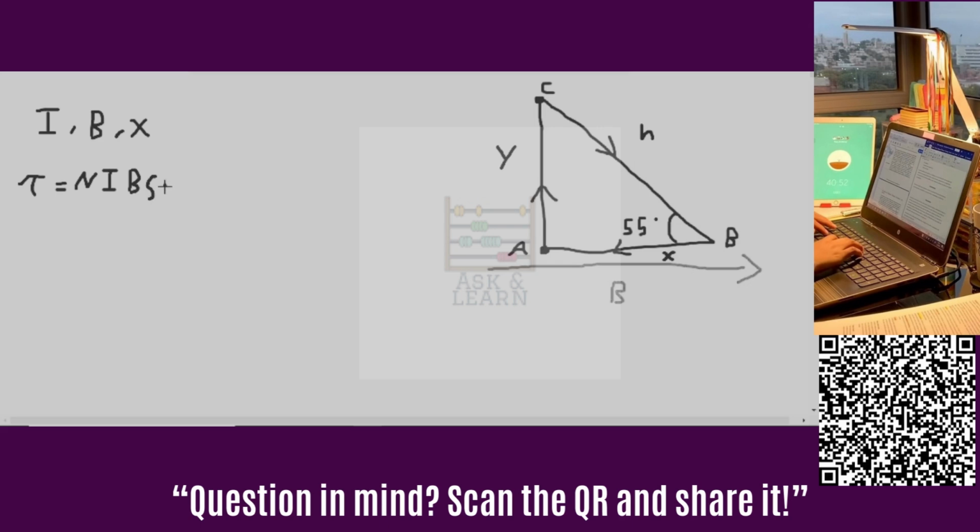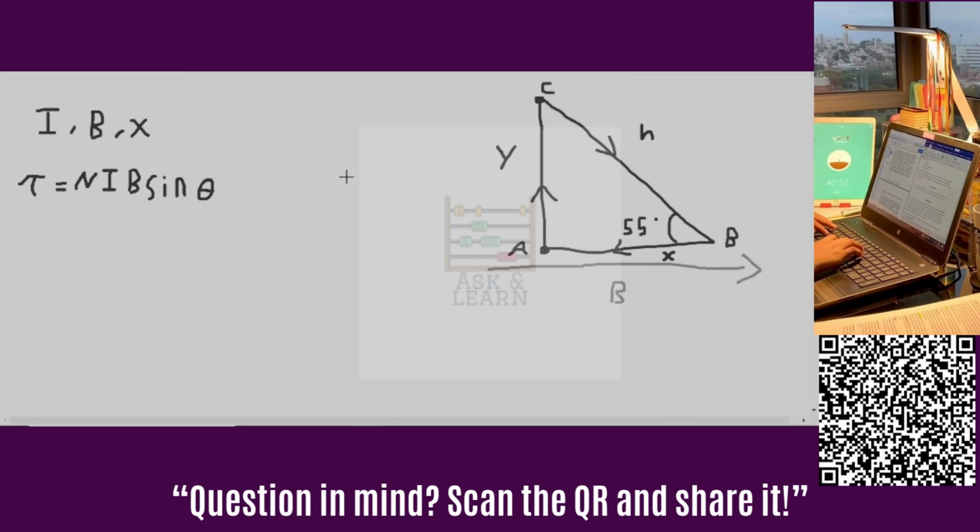When theta is in the same direction as or in the opposite direction as the magnetic field, our theta is going to be either 0 or 180. And we know that sine of 0 or of 180 is 0. So this portion from B to A isn't going to contribute anything to our torque.